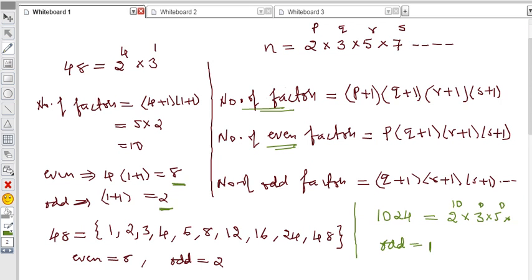So for odd factors, for the remaining powers we add 1: 0 plus 1 into 0 plus 1 into 0 plus 1 and so on is 1. So if you get only 2 power some number, then the number of odd factors is only 1. For even factors it is 10 plus 1, so 11 will come for 1024. This is the special case. So this formula you can use for finding the number of even factors and odd factors.